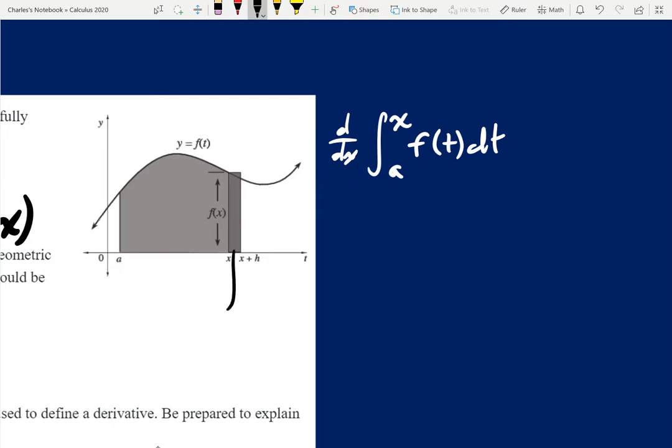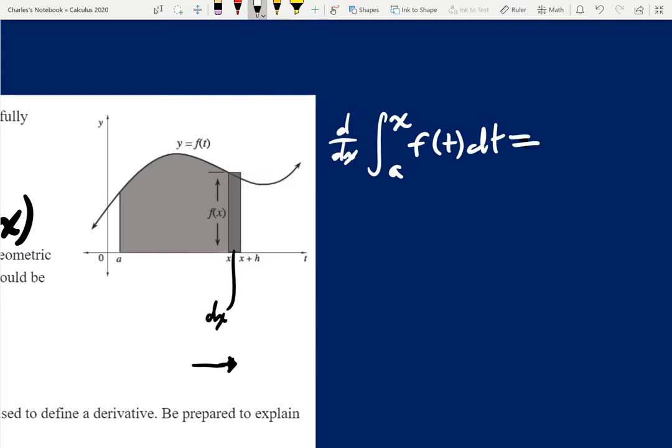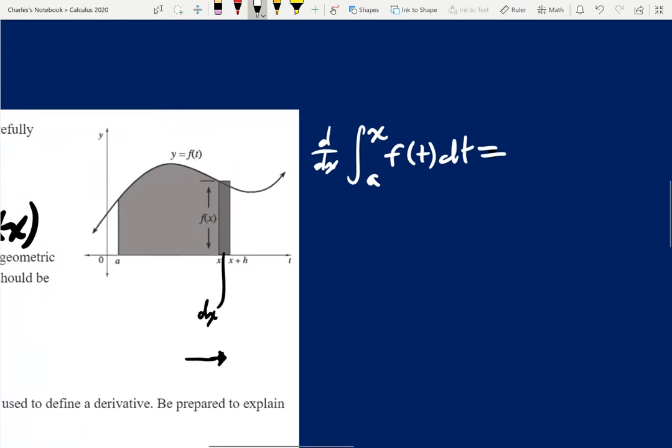So this part right here is what you think of as dx. And so I'm saying if I move the right-hand limit an infinitesimally small amount to the right, just a sliver, by how much does the area of the integral change? And it should make sense that as you move it to the right by just a sliver, like if this gray rectangle was just a single line, then the answer would be f of x.